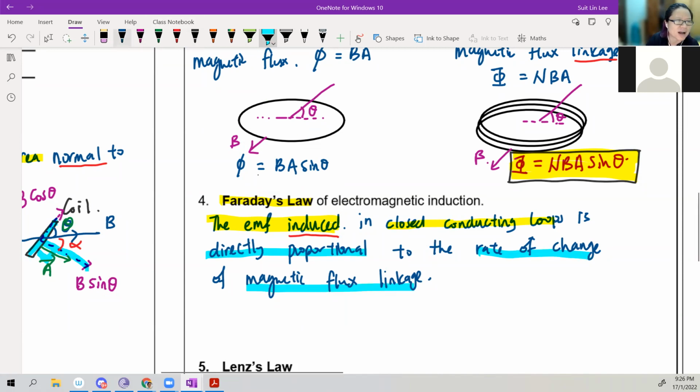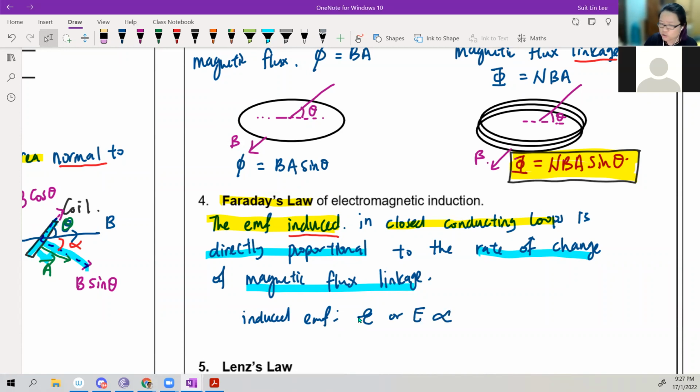In other words, if I write this whole sentence in an equation, I have induced EMF and I need a symbol for this. So I am going to use maybe epsilon, or E also can.